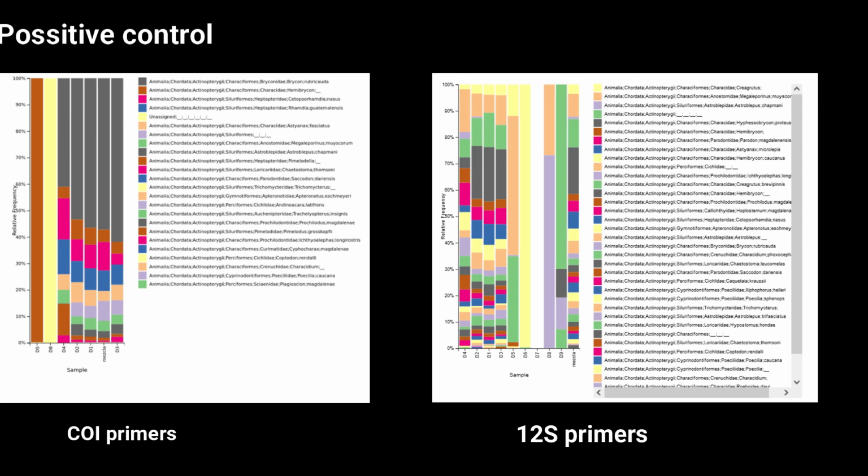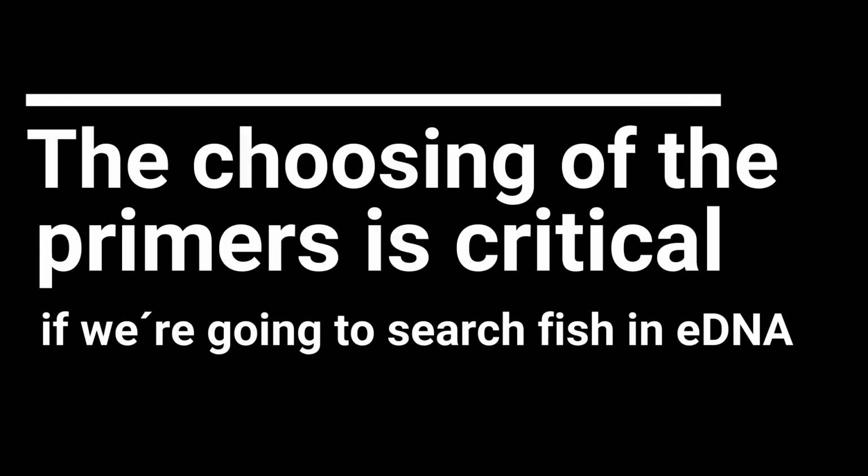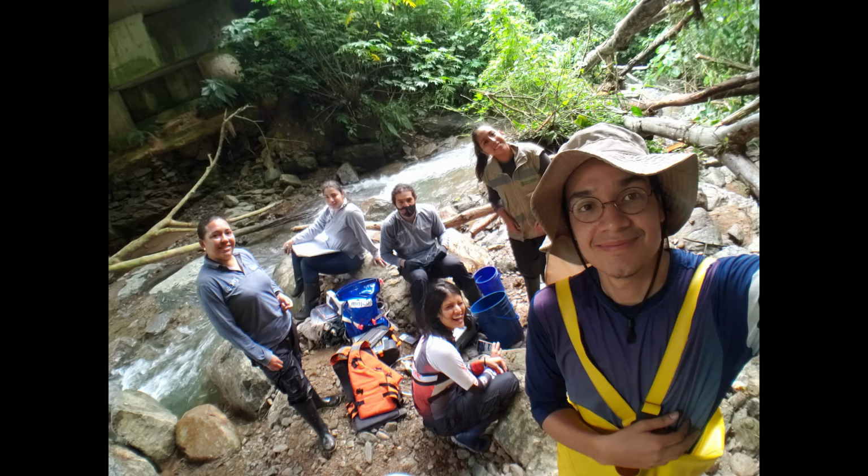So this reinforced the idea that the rescued diversity from the COI primers wasn't the best to identify fish in environmental samples, even when there's just fish DNA, because this was a bulk sample with only DNA from 42 different fish species. So the choice of the primer is critical if we are going to search for fish in eDNA.